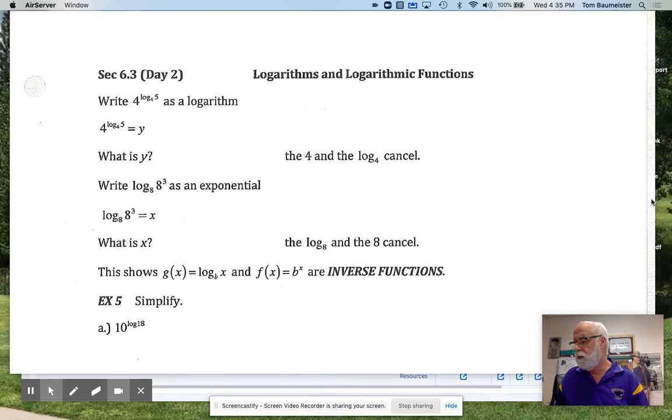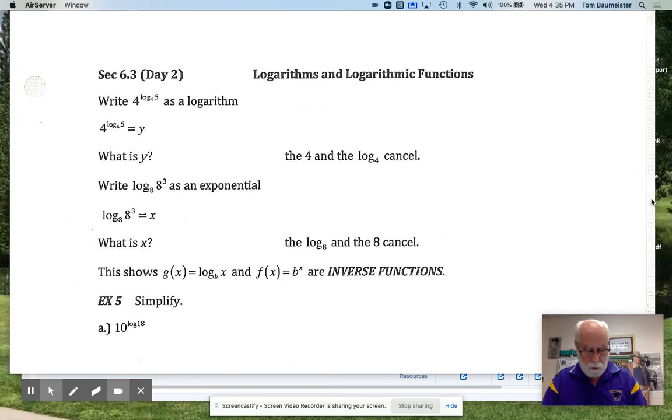So again, if I was to do that, what I would have here is 4 raised to log to the base 4 of 5 is equal to y, all right? And you'll see why I'm using y, because with the ones yesterday we were using x, but these are inverse functions, and you'll kind of see what happens.